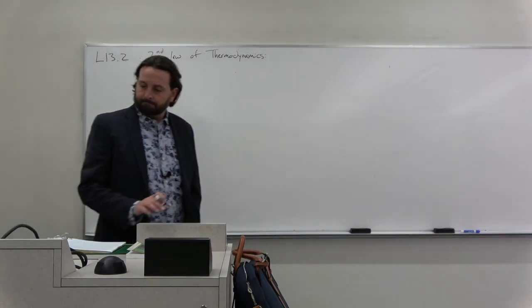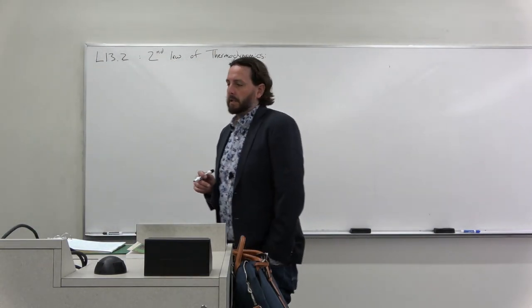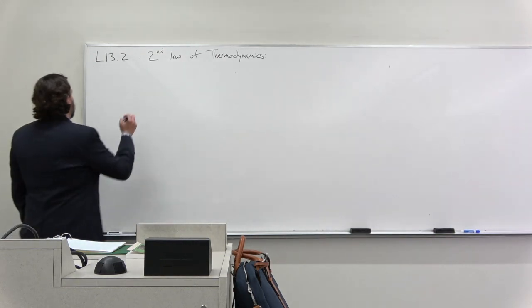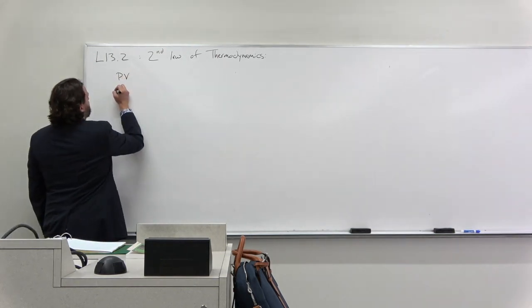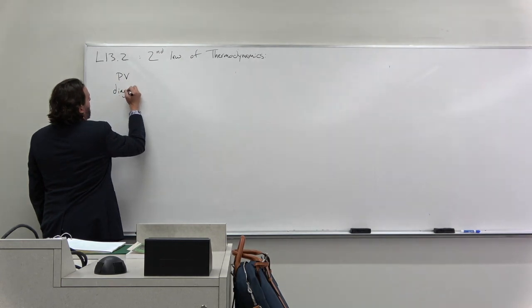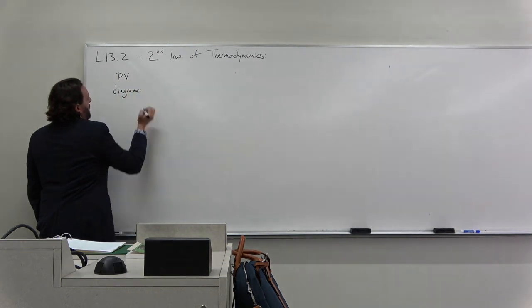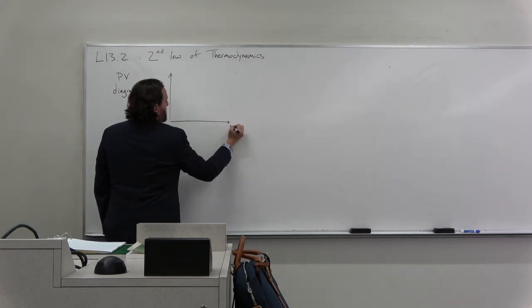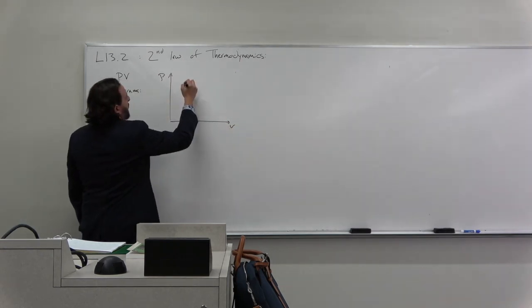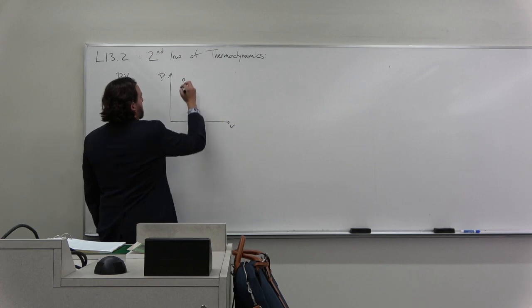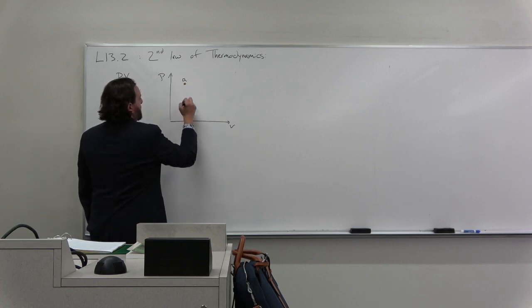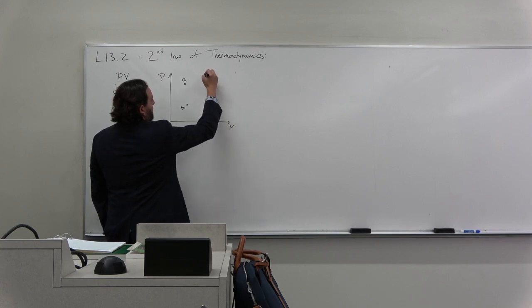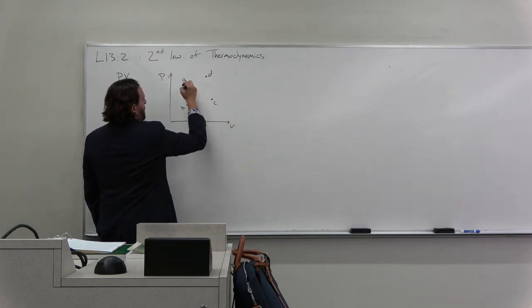Okay. So to do this, we're actually going to imagine looking at our PV diagrams, and imagining some arbitrary set of processes where I start at some state A, I'm going to go to some state B, C, D, for example.